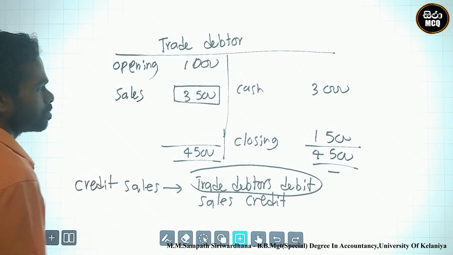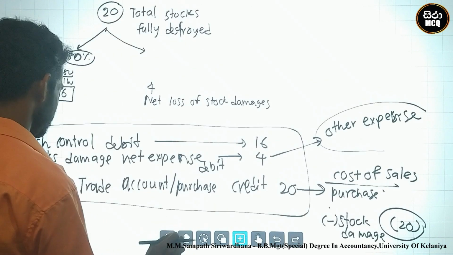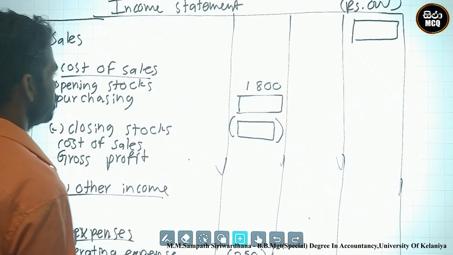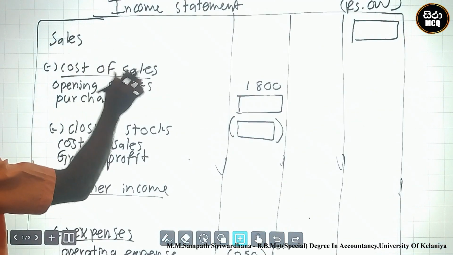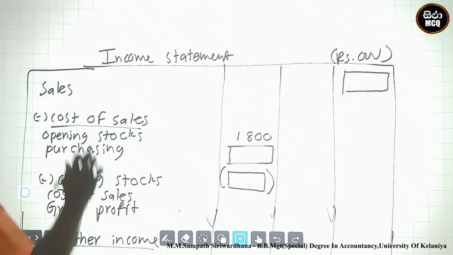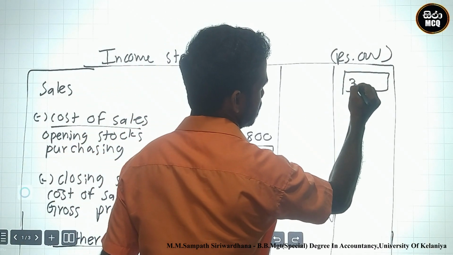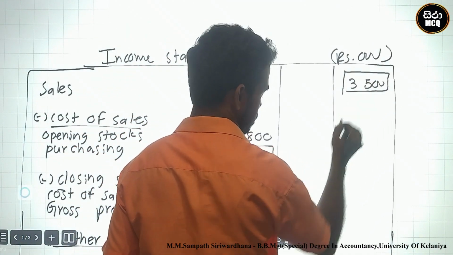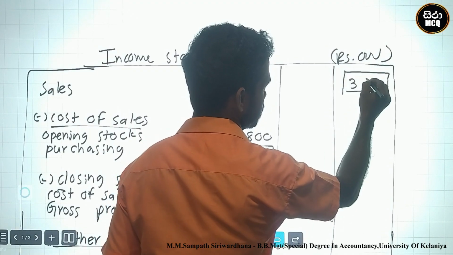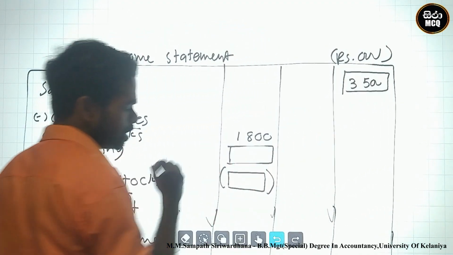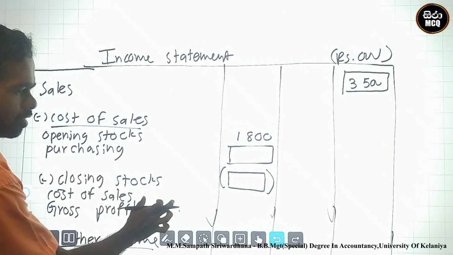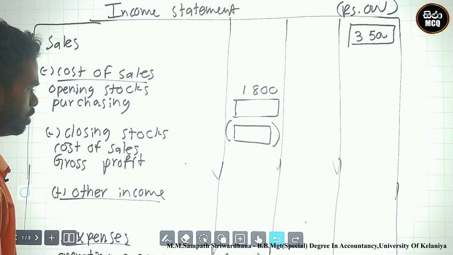We can use 3500 for sales. This is sales in the income statement, 3500. Based on that we can find the cost of sales. How can we find it?